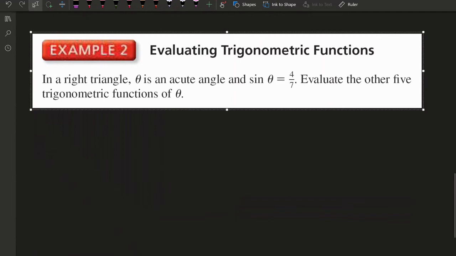Now this second example is very similar to that first one, but it's phrased in a different way. So in a right triangle, theta is an acute angle and sine theta is 4/7. So evaluate the other 5 trigonometric functions of theta.